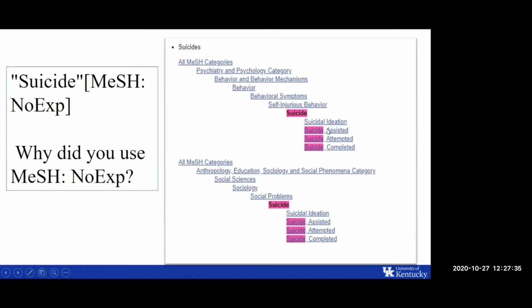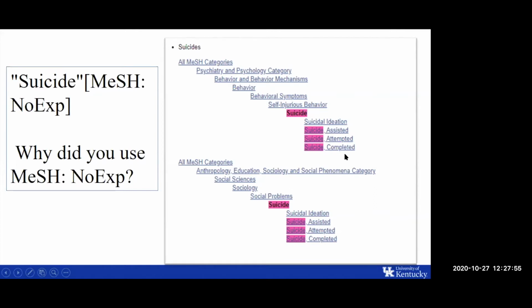The researchers decided that they did not want to use suicide assisted. So what we did is we decided to use the MeSH no explosion, and then we also searched for the terms suicidal ideation, suicide attempted, and suicide completed separately.